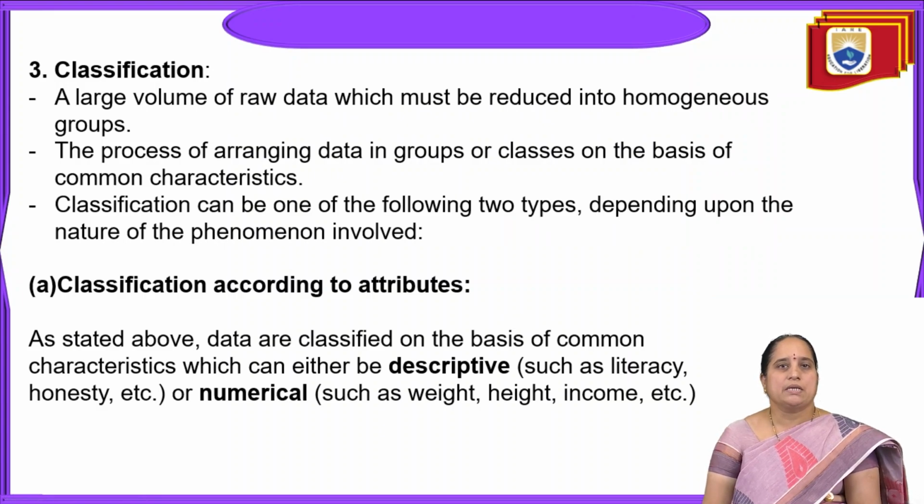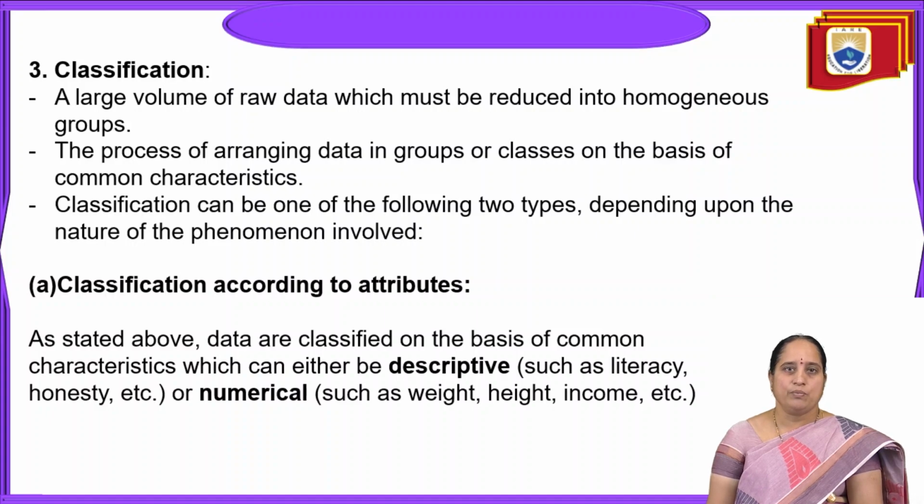Then the third step is classification. A large volume of raw data must be reduced into homogeneous groups. So after editing and coding, we classify the data into homogeneous groups. It is the process of arranging data in groups or classes on the basis of common characteristics.